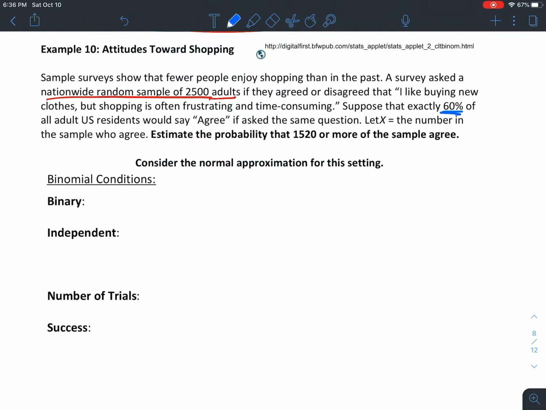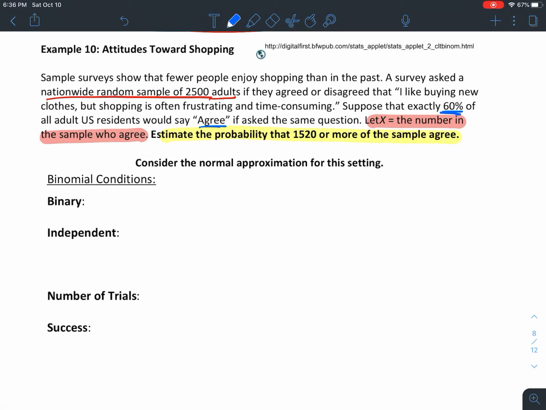So we're going to assume that 60% of all adult U.S. residents would say that they agree with that statement if they were asked the same question. We're going to let X, our random variable, represent the number in the sample who agree. And we are asked to calculate the probability that 1,520 people out of the 2,500 adults surveyed or more would agree with this sample.